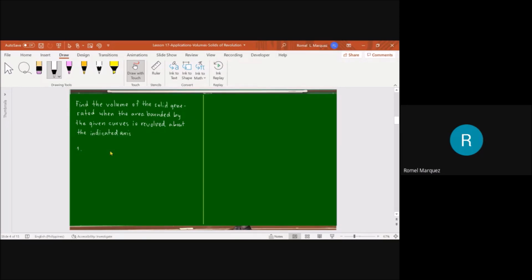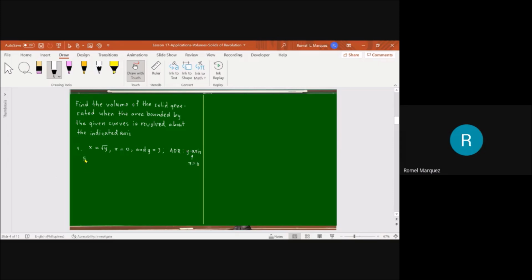Let's say our curves are x equals square root of y, x equals 0, and y equals 3. And I want to revolve this about the y-axis. And the y-axis is the line x equals 0.